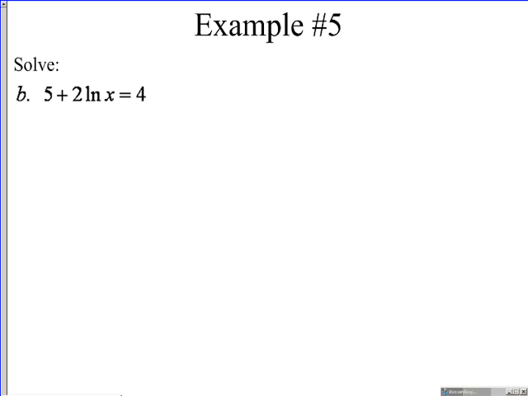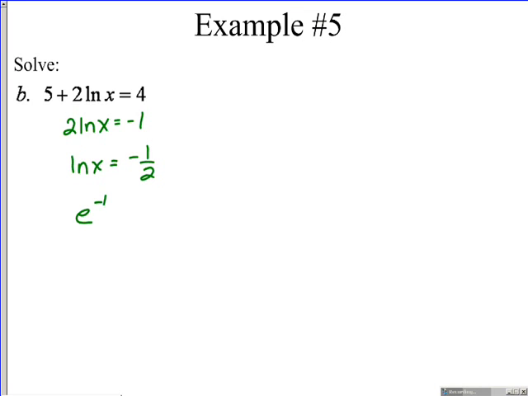Number 5: 5 plus 2 natural log x equals 4. Logarithms are only on one side of the equation here. So I want to isolate the logarithmic expression. To do that, I'm going to start by subtracting 5. Divide by 2. Once the logarithm is isolated like we have here, now change to an exponential.